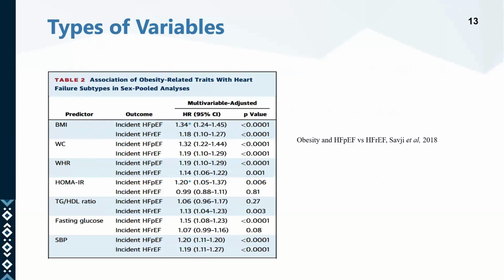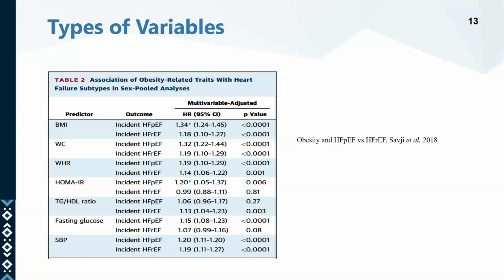So you see that here the independent variables are obesity or the BMI, the waist circumference, the waist to hip ratio, all of them are the predictor variables, but the outcome depends on whether the person with high or low BMI can have incident heart failure with preserved ejection fraction or incident heart failure with reduced ejection fraction. So in this case, our independent variable is the BMI, and the dependent or the outcome variable is the occurrence of heart failure phenotype, be it preserved or reduced ejection fraction.